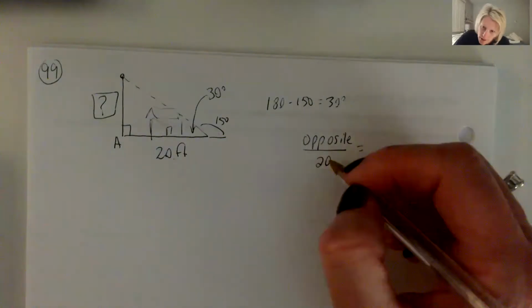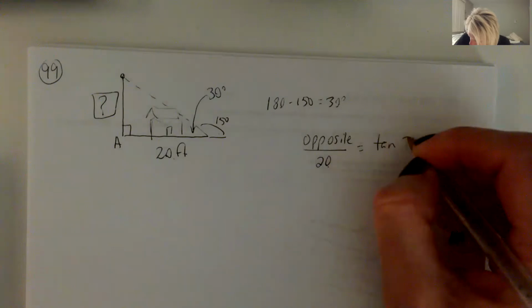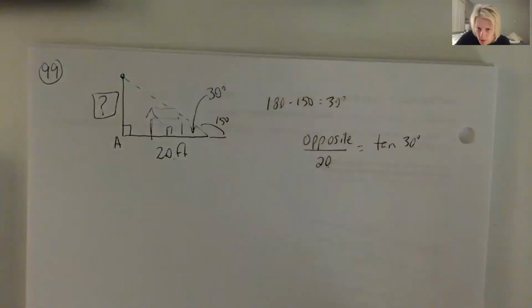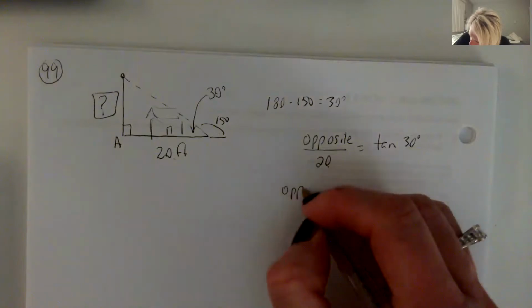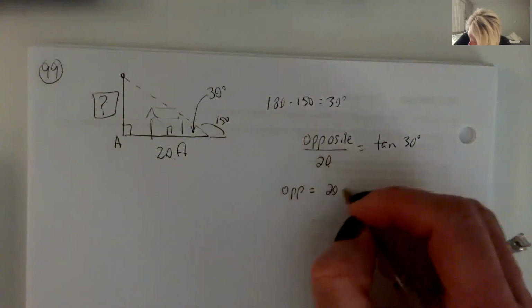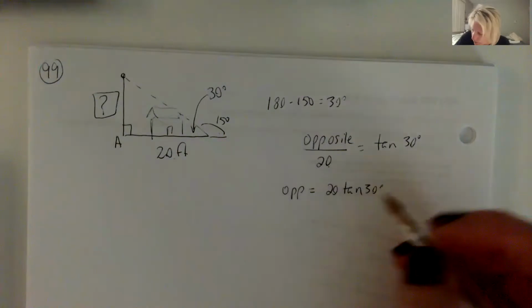So opposite over adjacent is tangent of 30 degrees, right? So to solve for opposite, we can say our opposite is equal to 20 times our tangent of 30 degrees. Make sure the 20 is out in front.